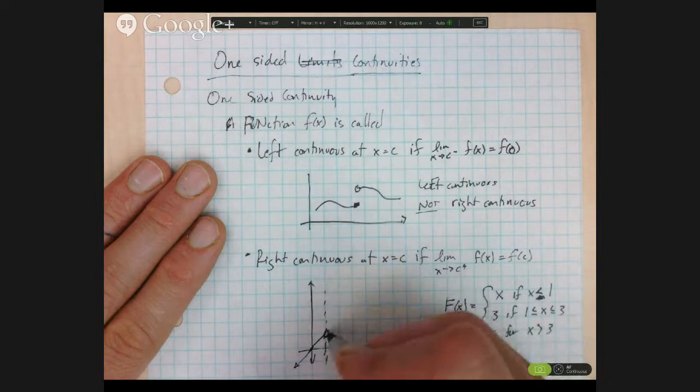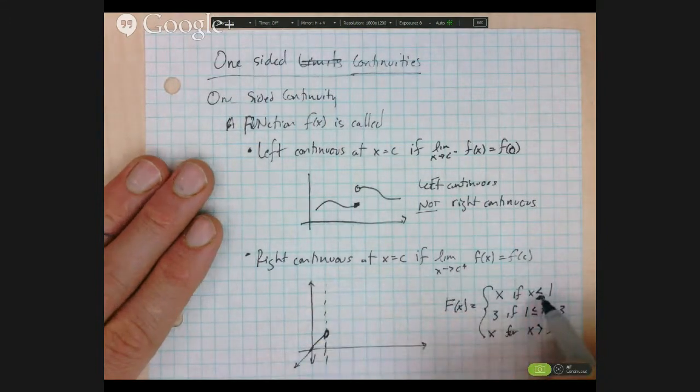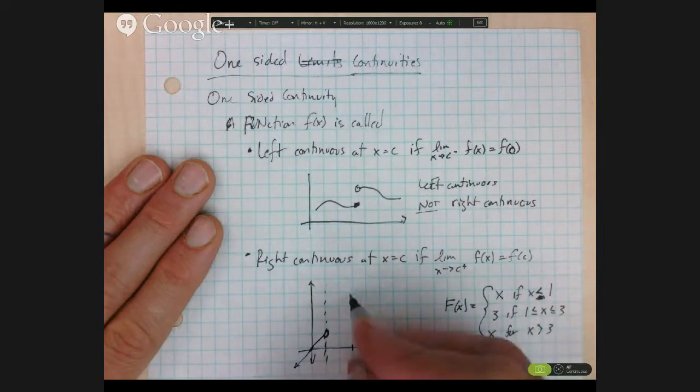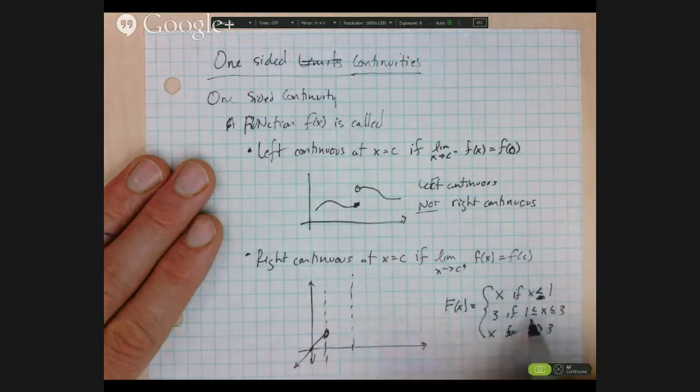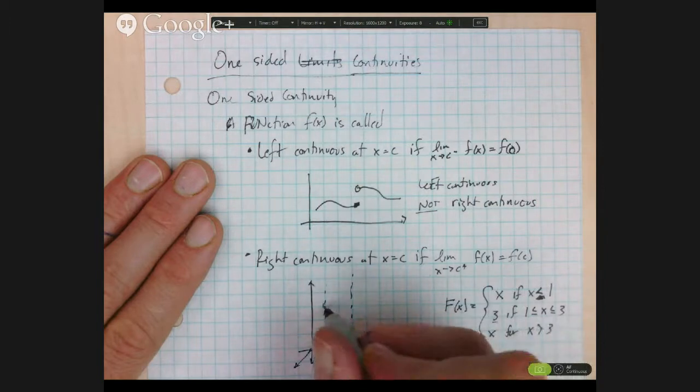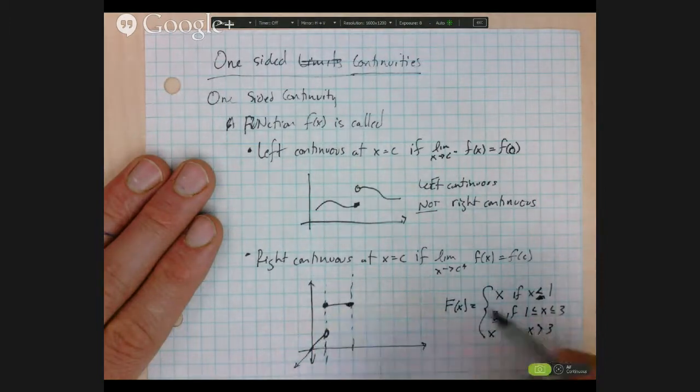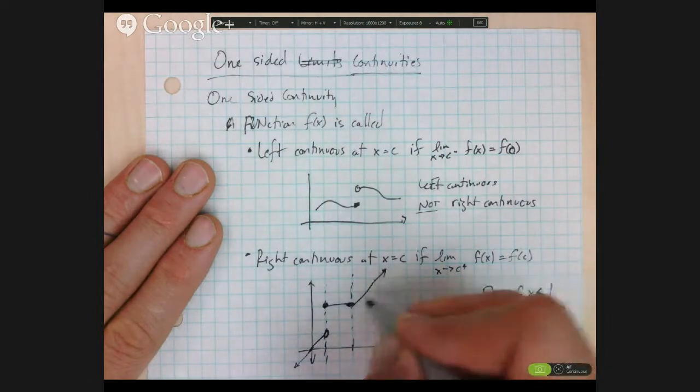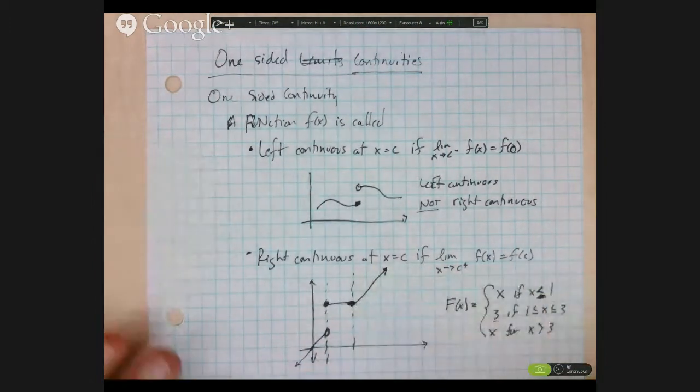And it's open because that's strictly less than. Okay, from 1 to 3, it's 1. The function is the value of 3, and it's equals, so solid, solid, and then from here.